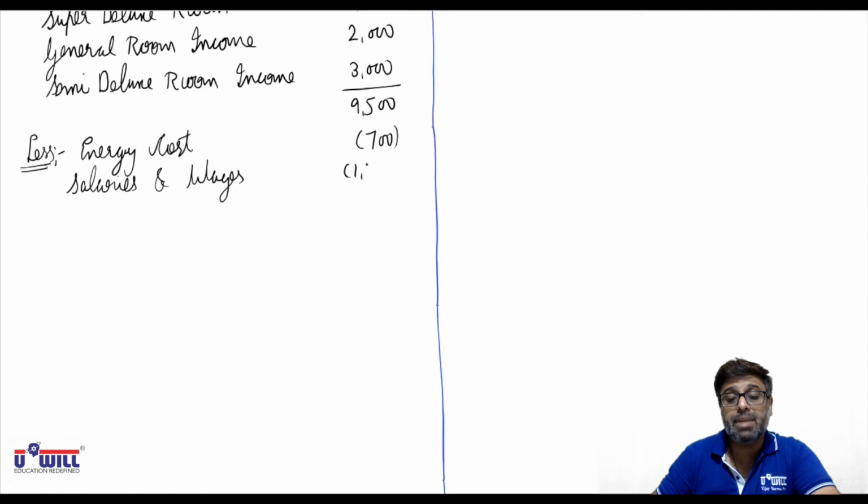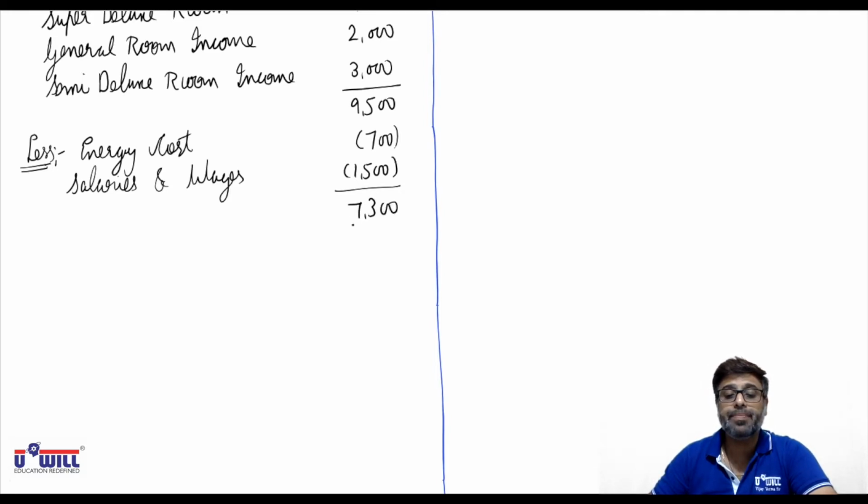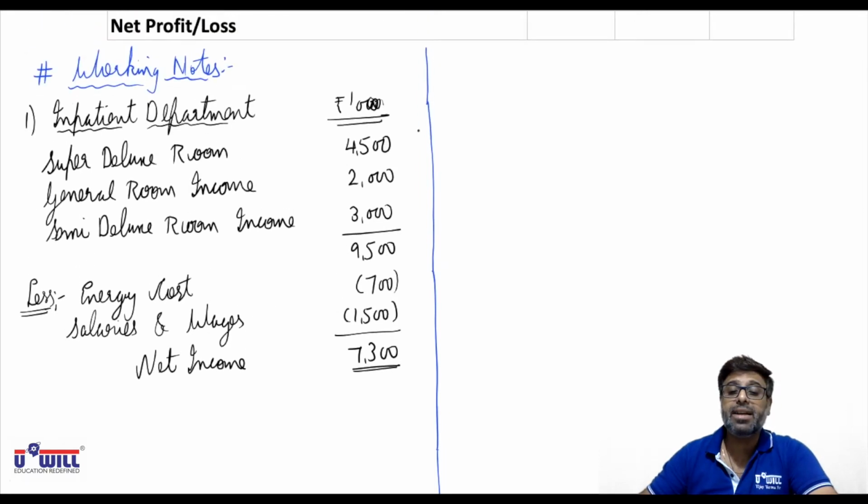No other item is marked as IPD, so 9,500 minus 2,200, that is 7,300. That is the net income of the inpatient department. Now the second working note we will make for the outpatient department.